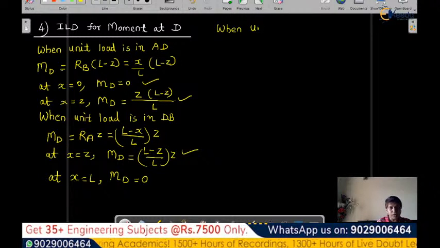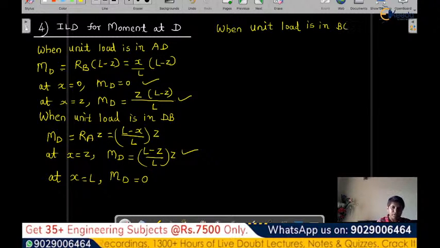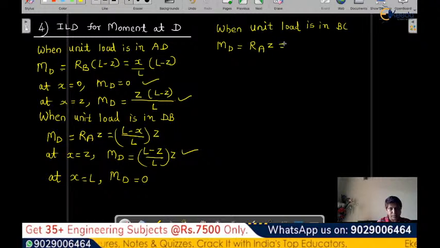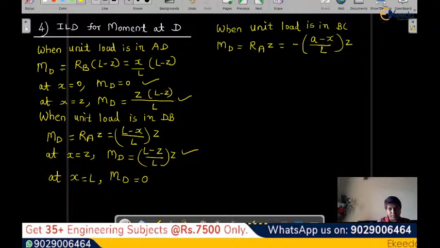So when the unit load is in BC, in that case, the moment at D will be, again, RA into Z. So that is minus of (A minus X) by L into Z. Here again X is now from the right side calculation.